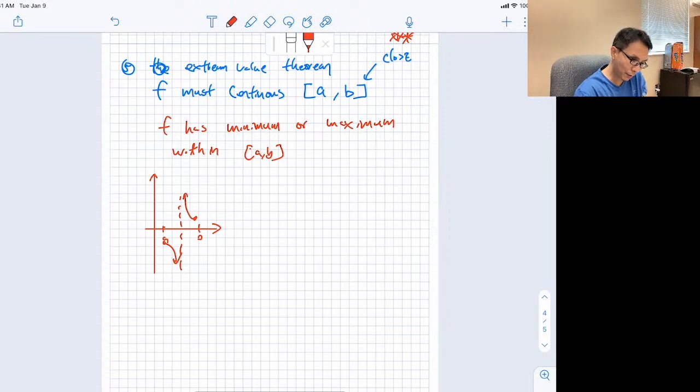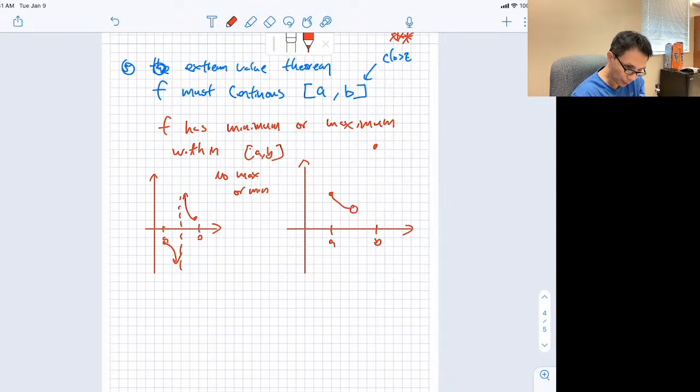Okay, so what other thing can there be with no vertical asymptote? Well, I can have a function, so this is no max or min in this case. What if I have something like this, with a here and b here, and I have an open circle here? Technically, I don't have a minimum.